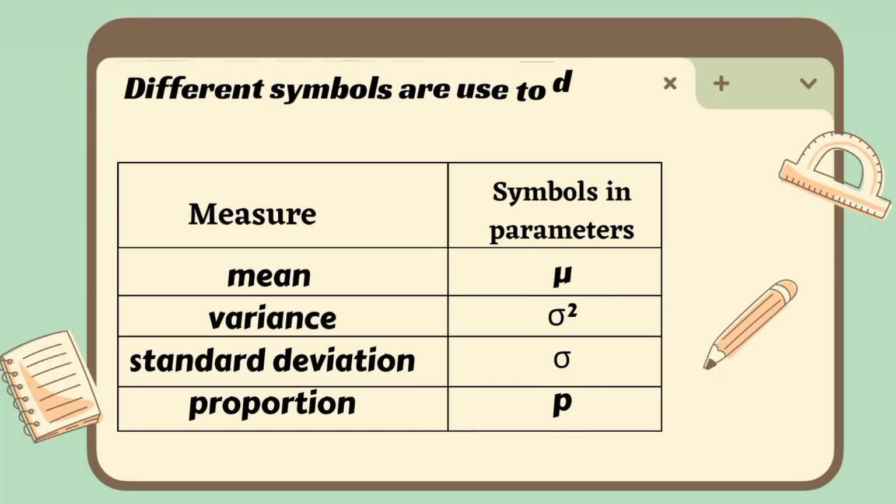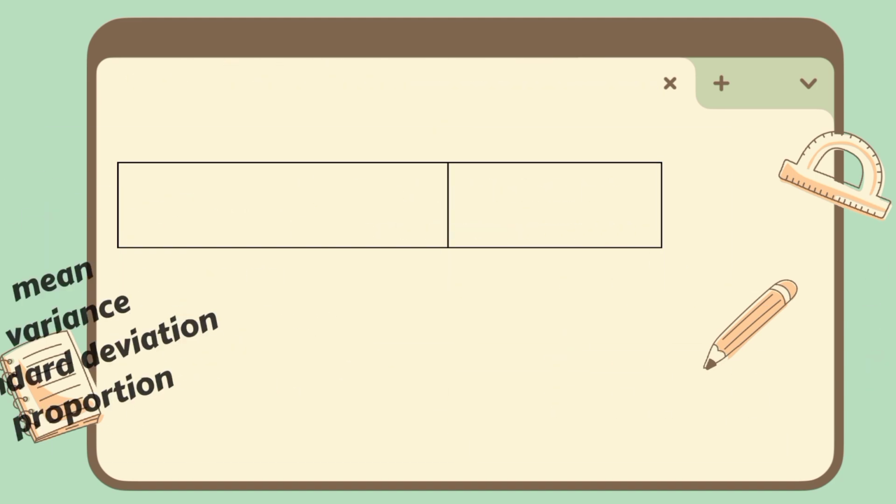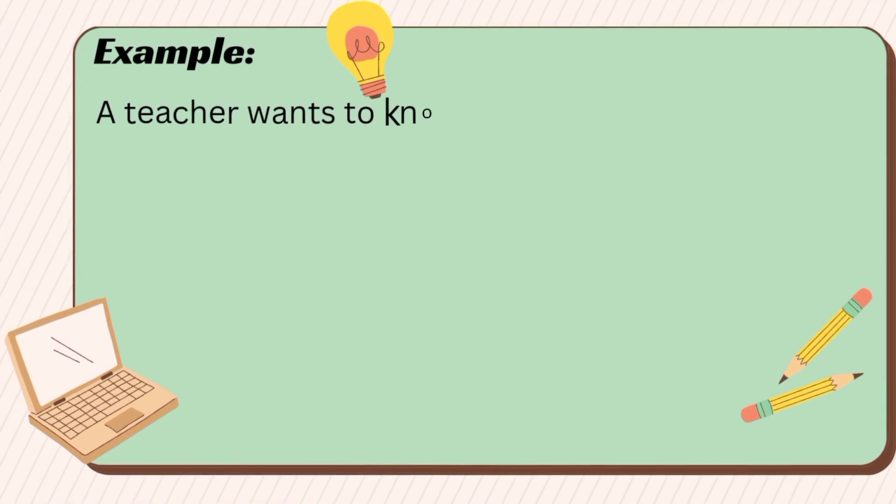Next, there are different symbols that are used to denote parameters. Here are the symbols and parameters of the measures of mean, variance, standard deviation, and proportion. In order for you to understand more on how we can identify the population parameter, here's an example.